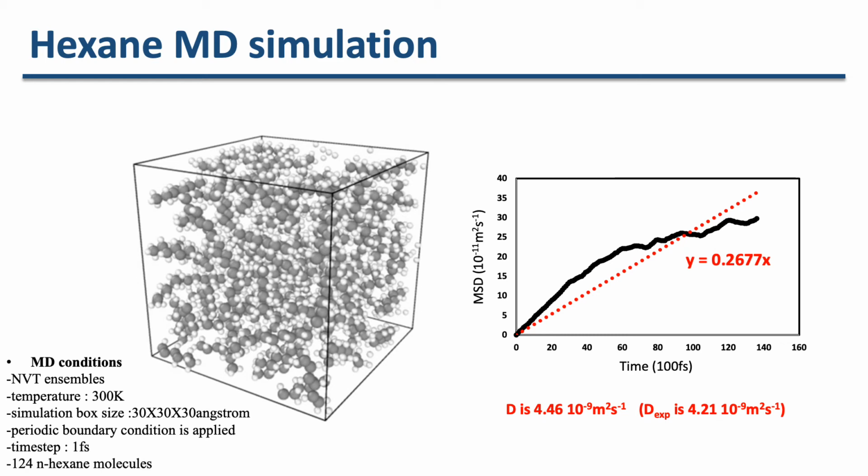Definitely it needs a longer simulation to get a straight line for the MSD, but until now, based on this result, the self-diffusion coefficient is 4.46, and the experimental diffusion coefficient is 4.21.